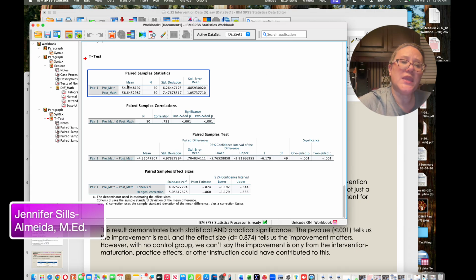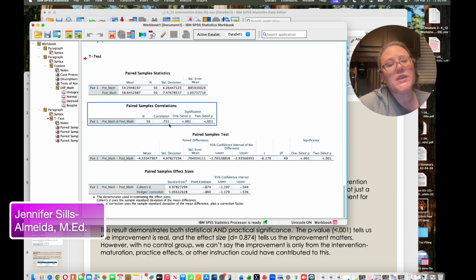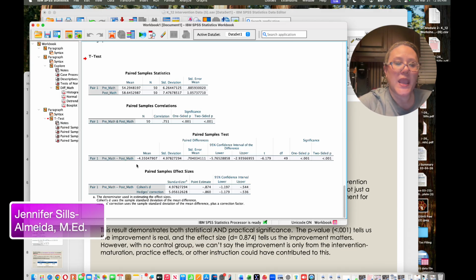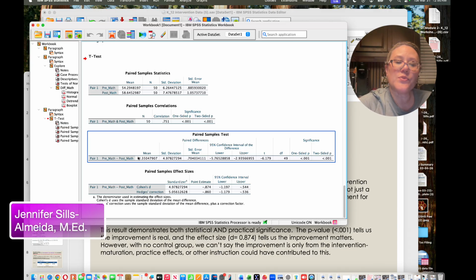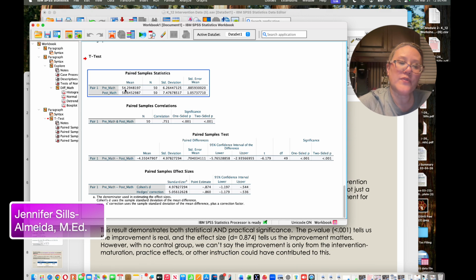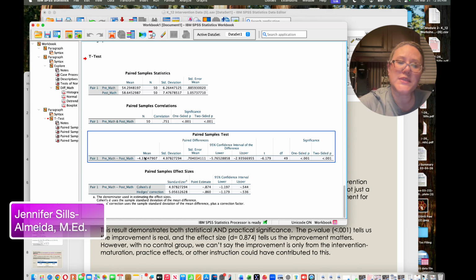The mean pre-math score was 54.29. After the intervention, the post-math score was 58.64. The correlation, since it's close to 1, shows they are highly correlated. The mean scores increased from 54 to 58, over 4 points. So that means the intervention was successful.